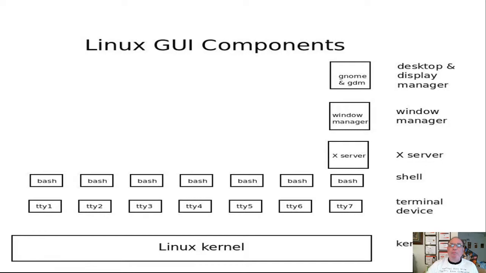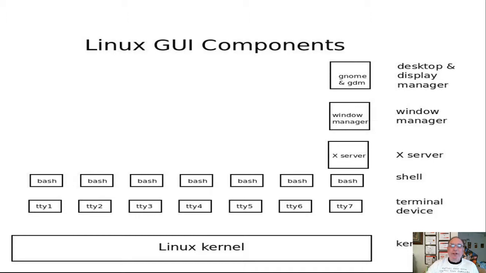We could be running the Bourne shell, the C shell, the Korn shell, any other shell. But the main concept is you've got your shells, in this case bash, running on the TTYs, running on the kernel. In this configuration, you can use your keyboard only. No graphical user interface, no mouse, no icons, strictly command line.